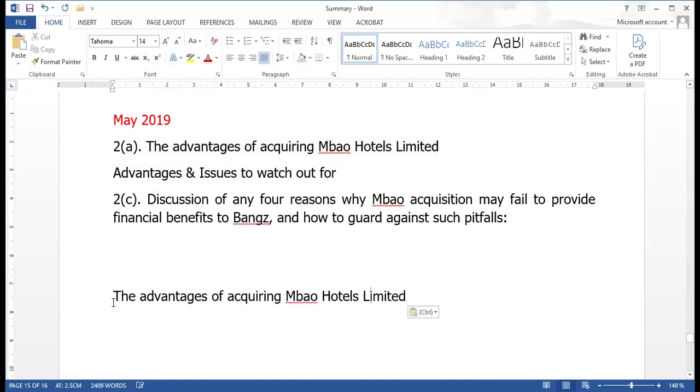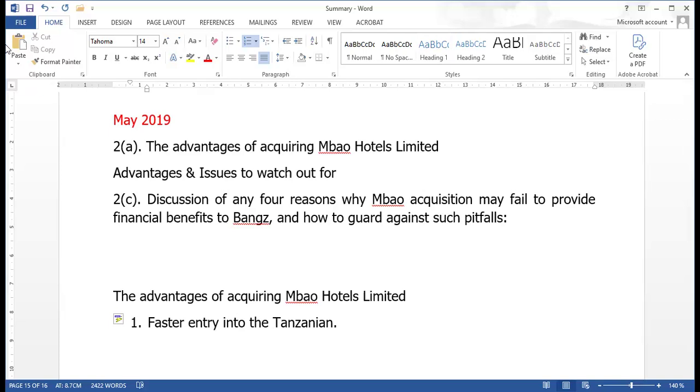We first deal with advantages of acquiring this entity instead of establishing a subsidiary. One, it could be that it would be an easier, faster entry into the Tanzanian market. That could be point number one. Already the entity is existing.